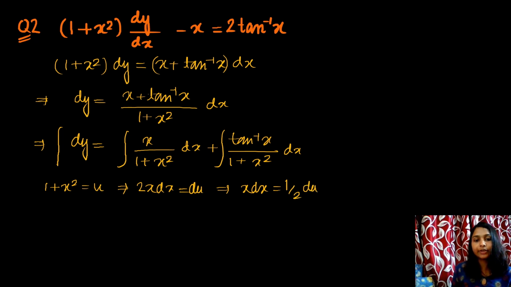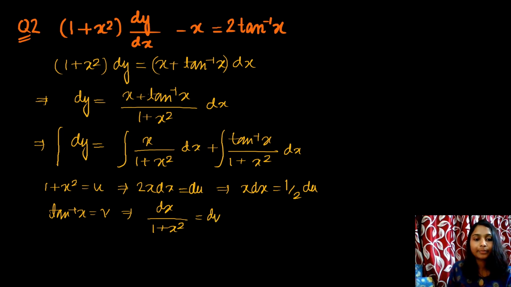And from this side, we can see that the derivative of tan inverse x, which is 1 by (1 plus x square), is present here. So we can again use the substitution. We use the substitution method when there is a derivative of a term which is also present in the integration. So we can take it like this, and it will give dx divided by (1 plus x square) equals dv.